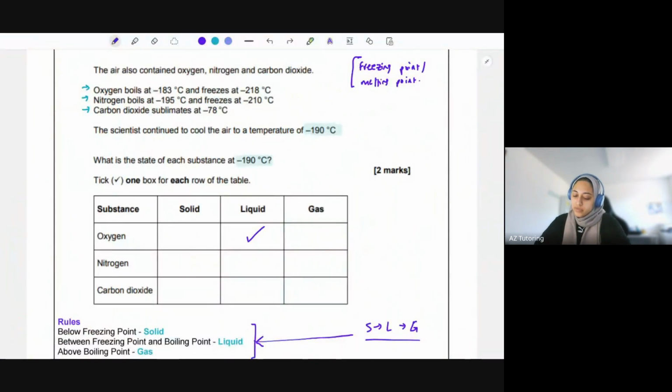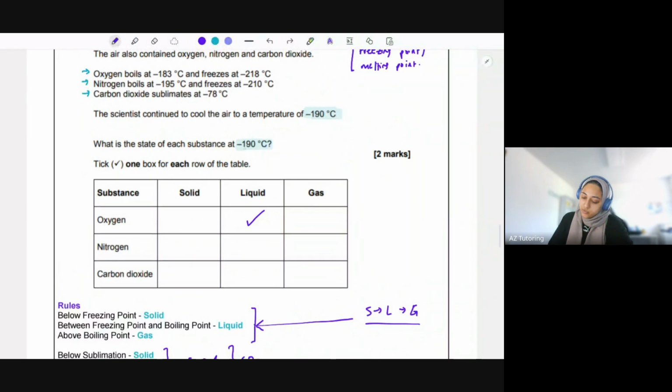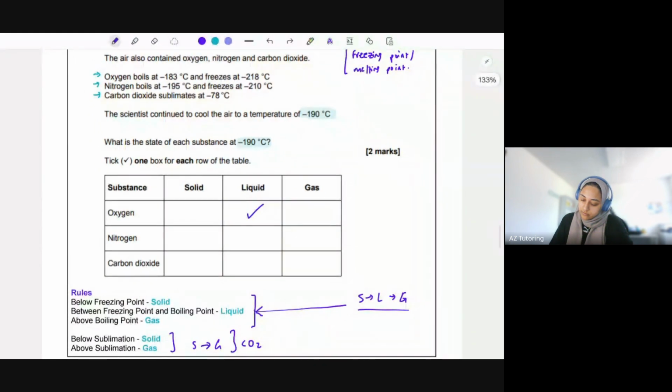Okay, back to here. Now nitrogen boils at minus 195, which is less than this. And it also freezes at minus 210. Sorry, let me just read that again.